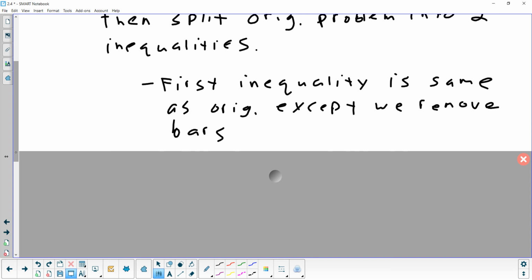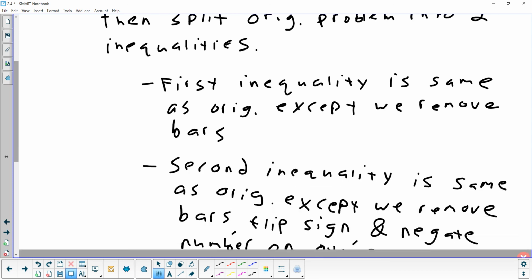Ashley? When you switch the sign, you have the positive and negative, one gets positive, one gets negative. So yes, what we did yesterday was we took out the bars, we made the number on the side the opposite. If it was positive, we would have made it negative. If it was negative, we would have made it positive.